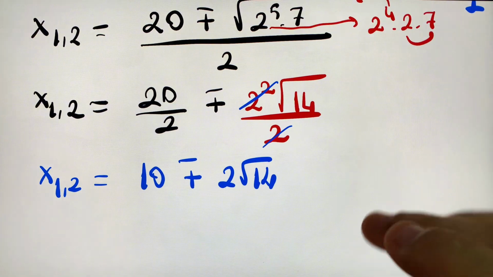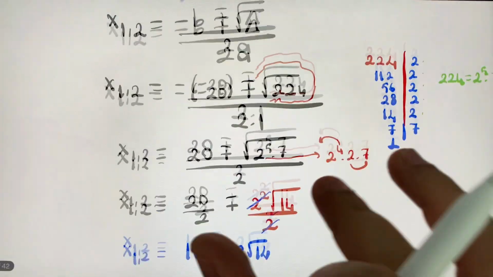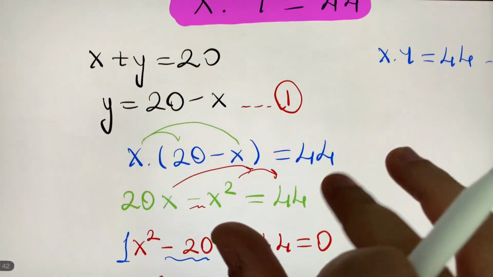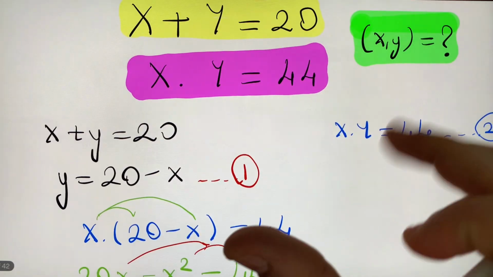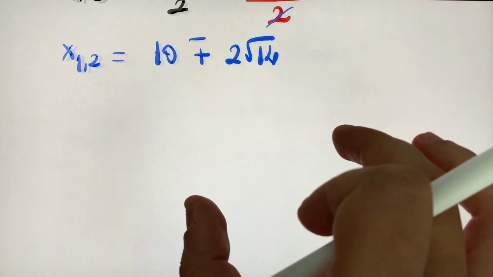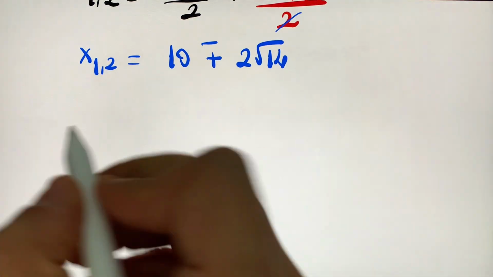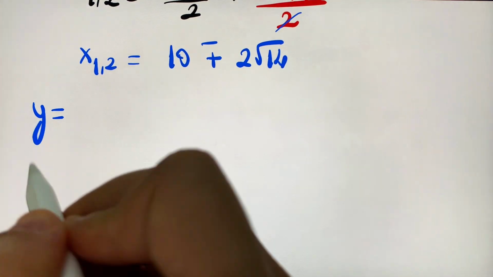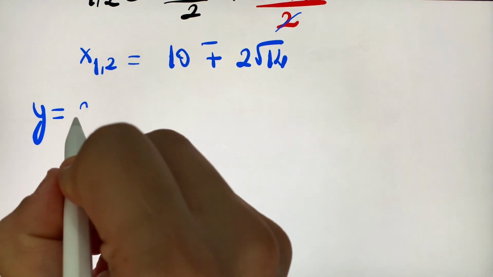Of course, our question is not over here. At the beginning of the problem, it wanted us to find the x and y values. We have only found the x values. Then let's remember our equation: what was the expression we called y? y is 20 minus x.